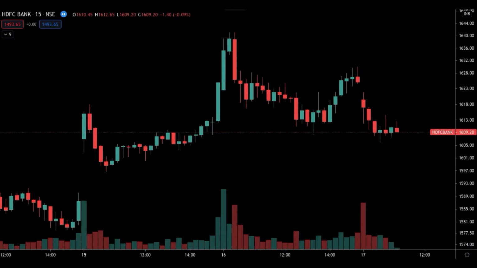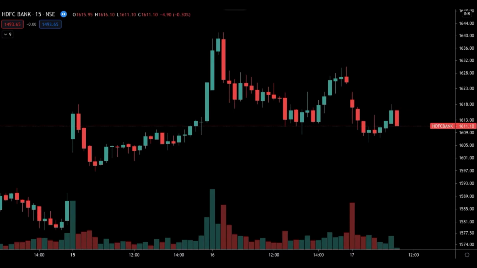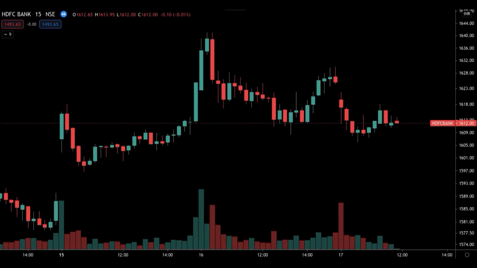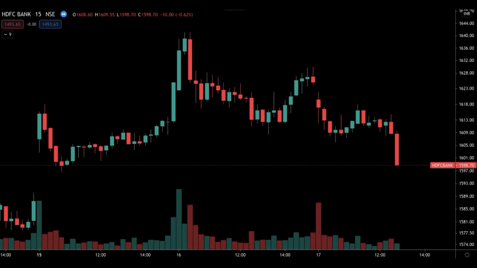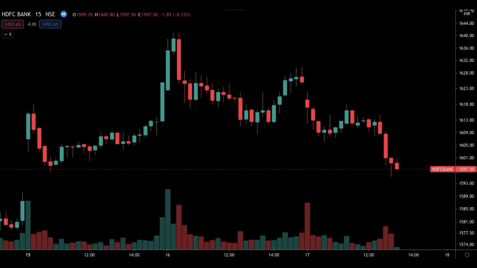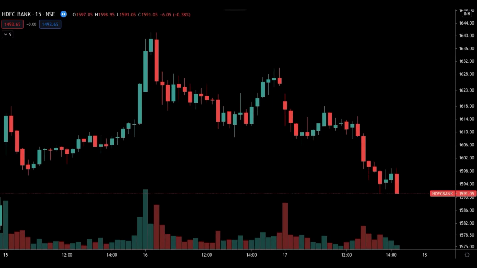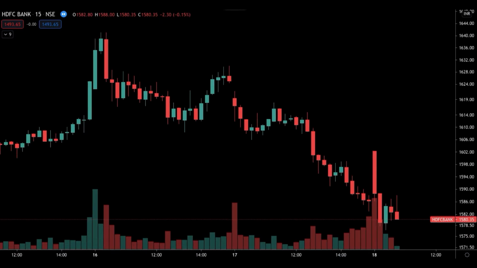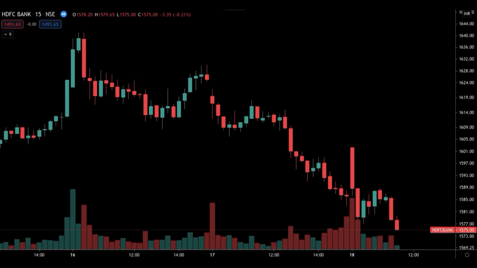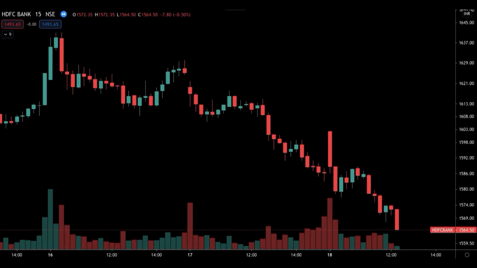Now, the first thing is a downtrend, and HDFC Bank has started to fall a little and is starting a downtrend. As we can see, it started a downtrend. It has fallen from 1620 to 1580, meaning 40 points.